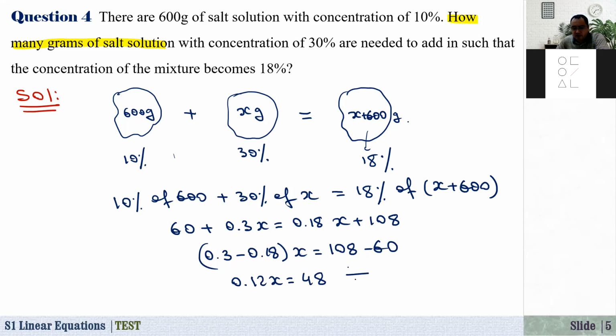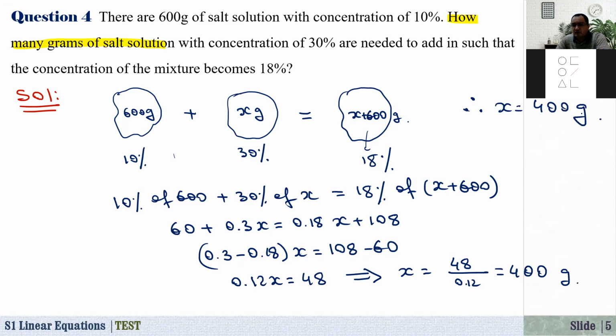So what is X? X equals 48 over 0.12, which is equal to 400 grams.